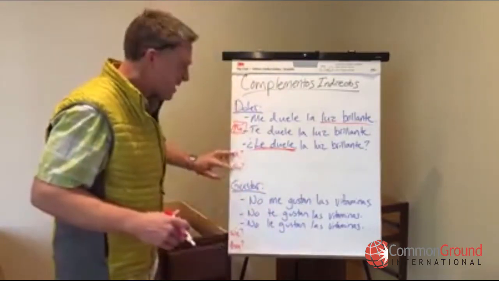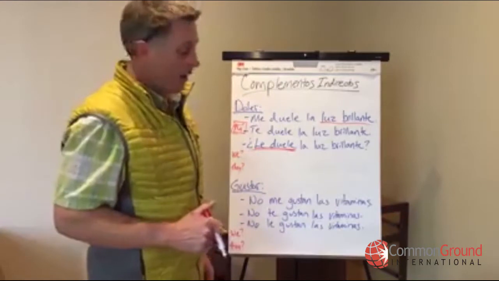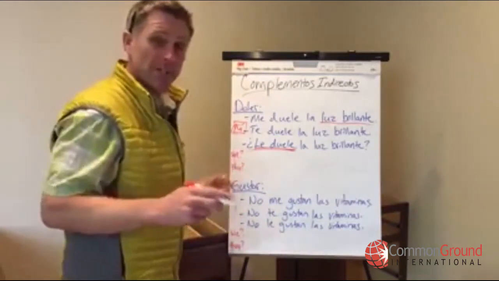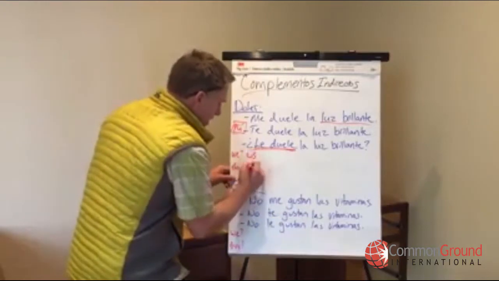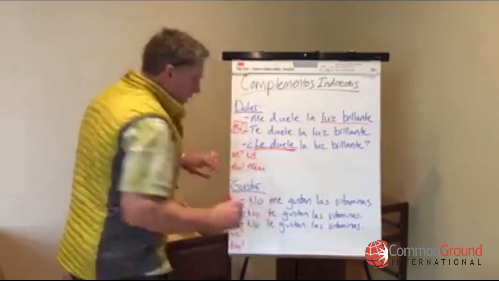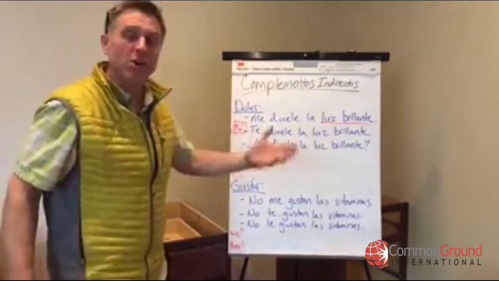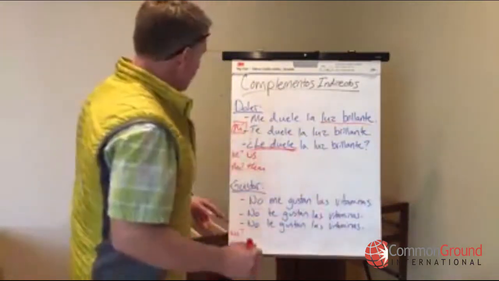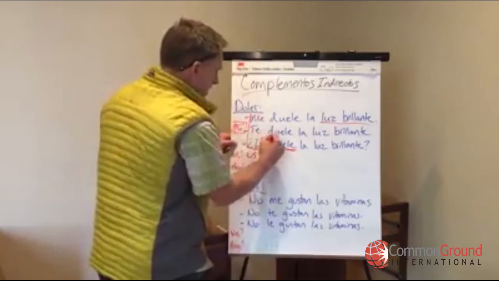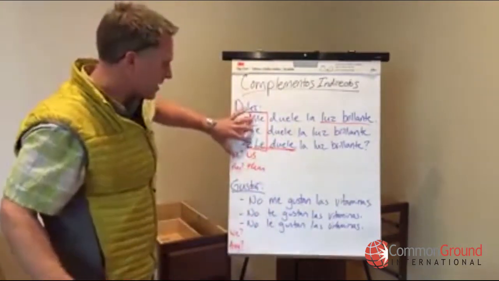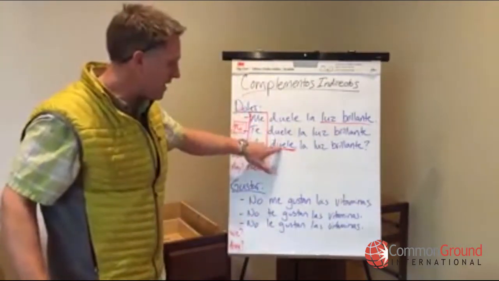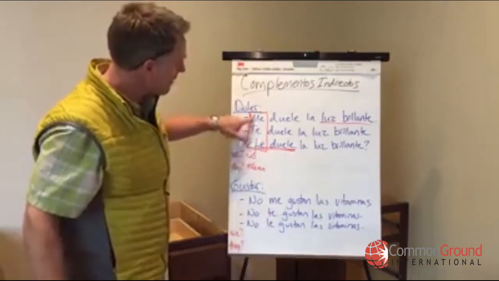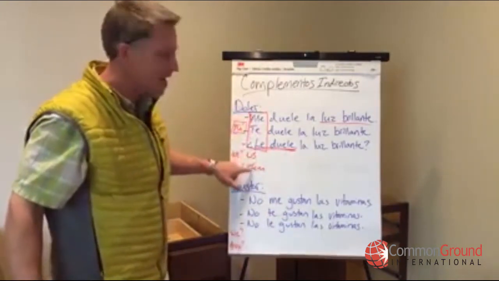But what about we and they? Well, we and they are subjects, so really what we're talking about is us and them. So what about us and them? Bright lights hurt us. Bright lights hurt them. How do you do that? We've been using these complementos indirectos so far with duele, and duele is going to remain the same, but now we need an equivalent of these for us and for them.